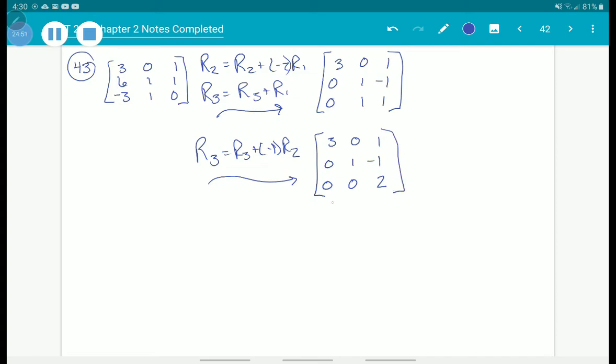So notice this is an upper triangular matrix. I'll say this is equal to my U. Now let's identify our E's.